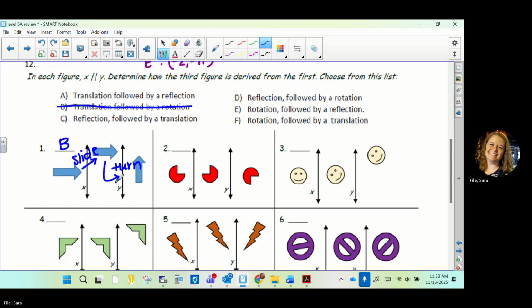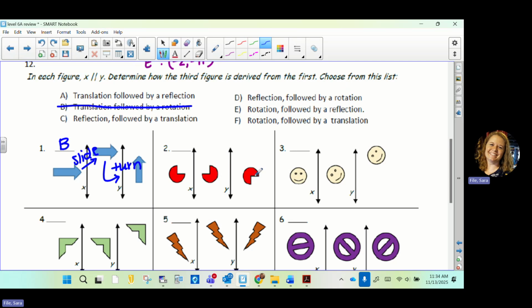Good. Number 2, to get from the first to the second, it's a mirror image across that line X, isn't it? What's a mirror image? A reflection. You look at a reflection in the mirror. So this is a reflection to start. C and D both start with reflection. And then to get from this middle one to the last one, was it just sliding, translating, or was it rotated?